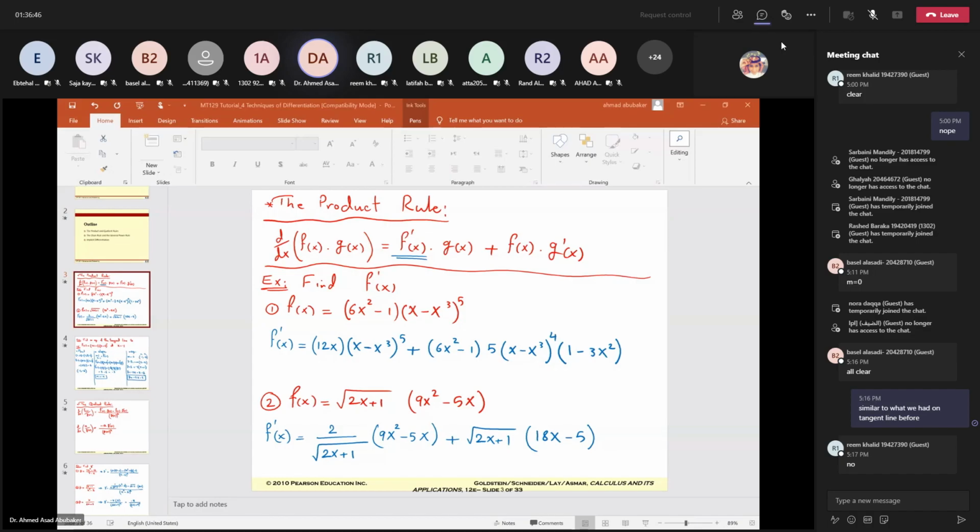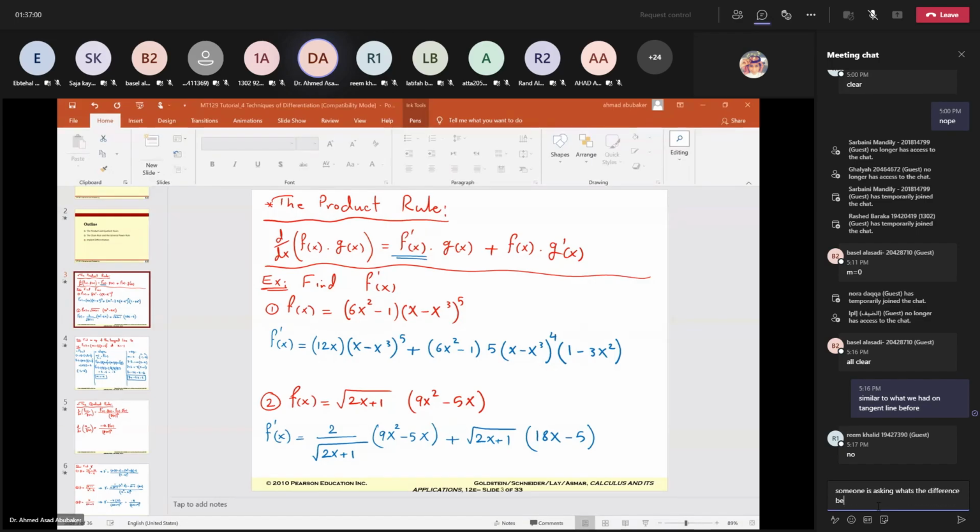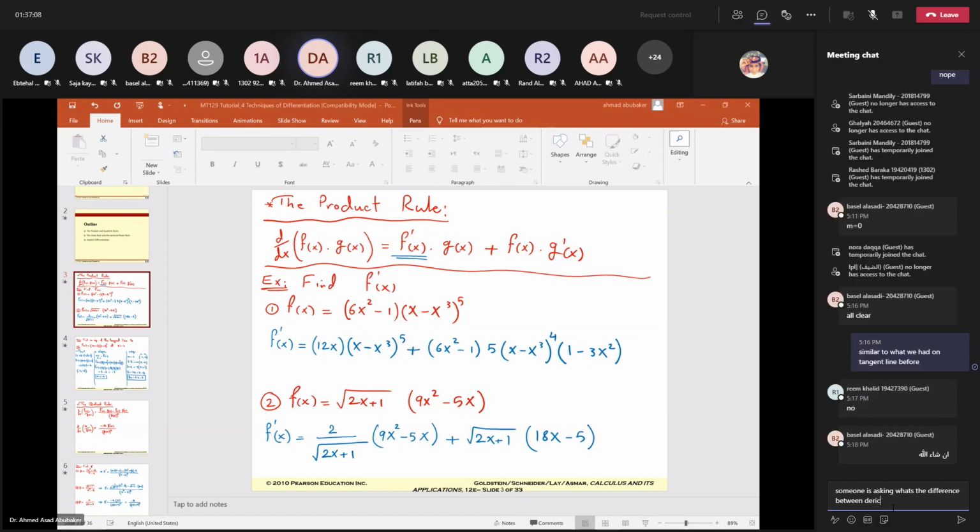This is a very easy chapter, but it is also very important. Inshallah, next week we will start with tutorial number 5. When we finish tutorial number 5, we will open the TMA if you have any question about TMA.